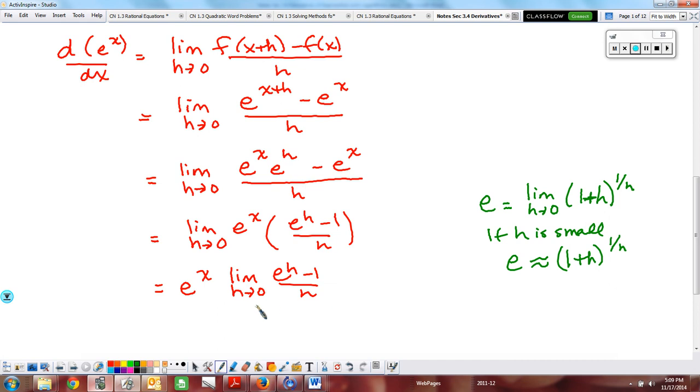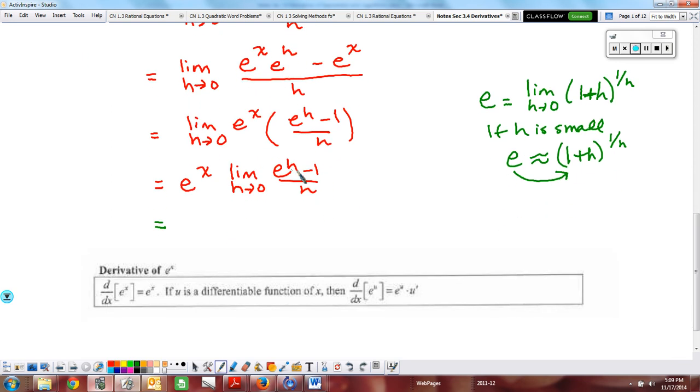And the trick here is that because we're letting the limit as h goes to 0, instead of leaving e in here, I'm going to replace e with this (1 plus h) to the 1 over h. It's a little bit of pigeon math, but we can do it because in the limit, h is going to be sufficiently small, and these are approximately the same, and so they're going to be heading to the same place.